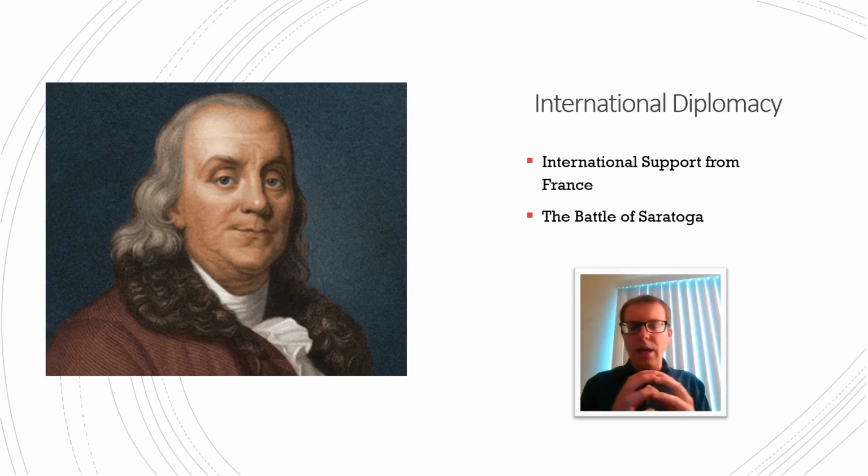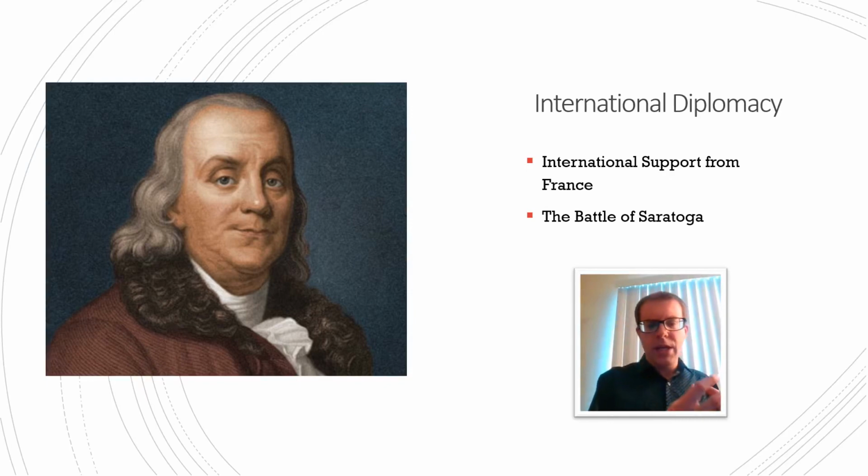However, around this moment, a very important battle is fought that actually gives Franklin enough diplomatic credibility to get the French to directly enter this war on the side of the Americans, and that's the Battle of Saratoga.